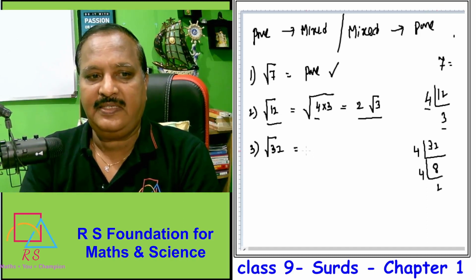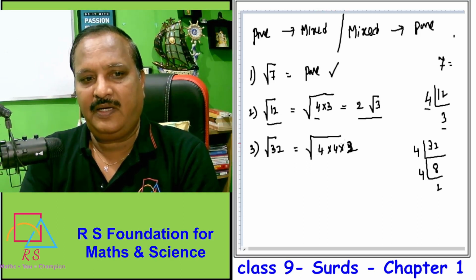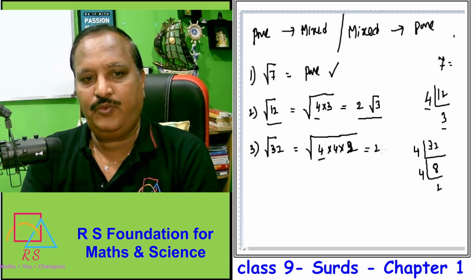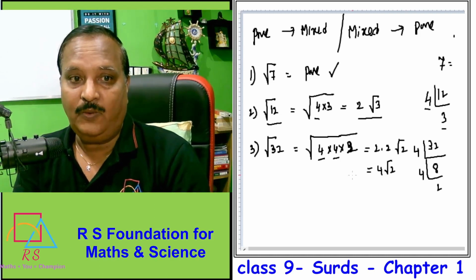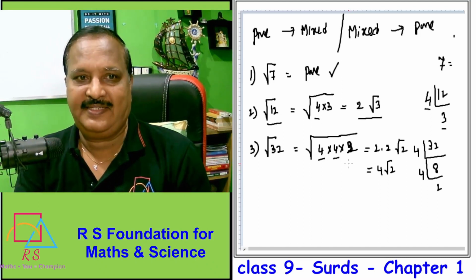So that means I have written it as a product of squares and another number. Square root of 4 is nothing but 2, square root of 4 is also nothing but 2, and square root of 2. So this is 4 times fourth root of 2. This is how a pure surd is converted to a mixed surd.